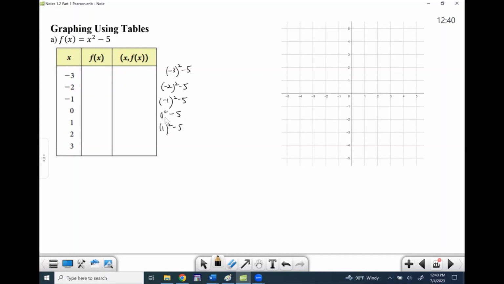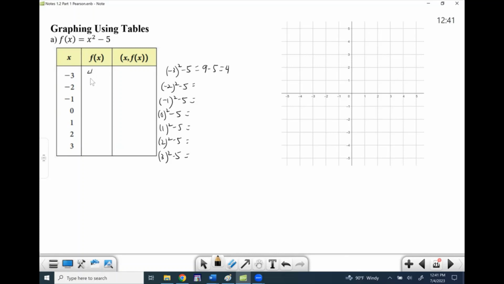I'll just do parentheses on all of these, you guys, just to be consistent. 2 squared minus 5. And 3 squared minus 5.